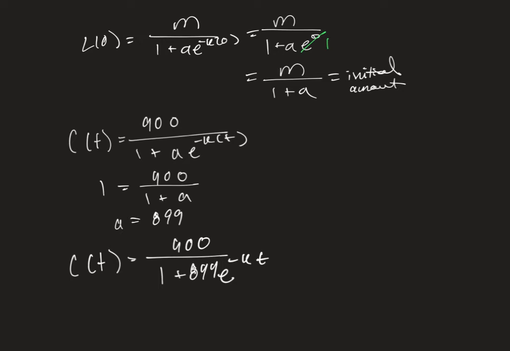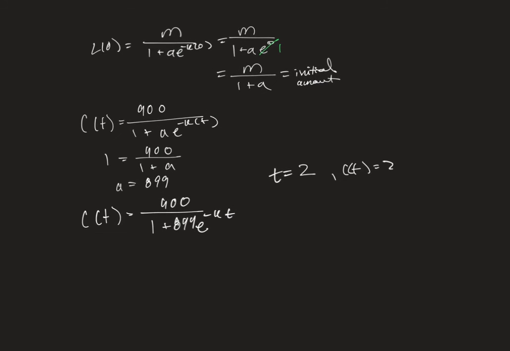And if we say that after a couple days it's still doubling, like we're still in our exponential growth phase, let's say at t equals 2, we have 2 cases. Now we can solve for what k would be.